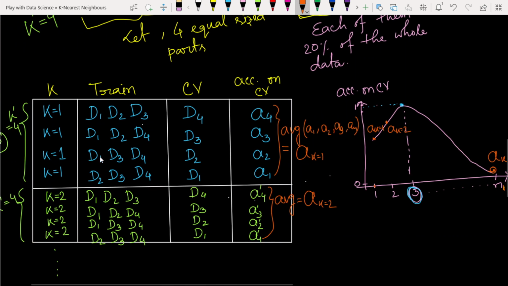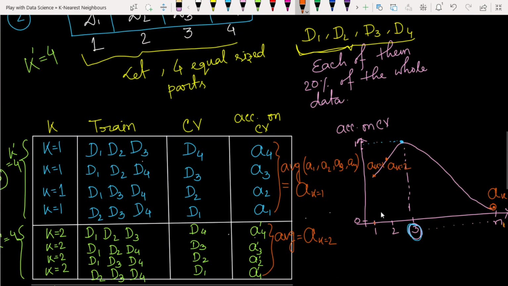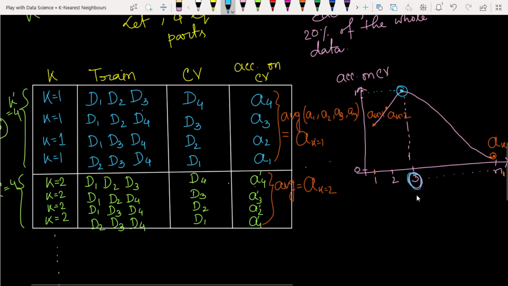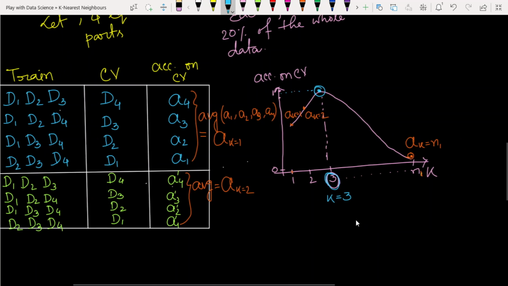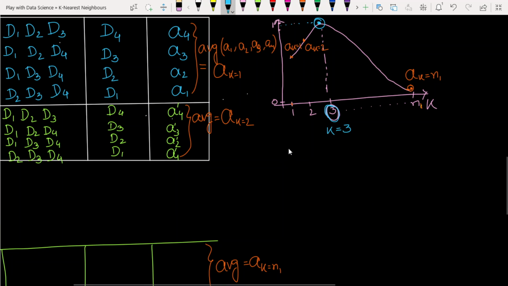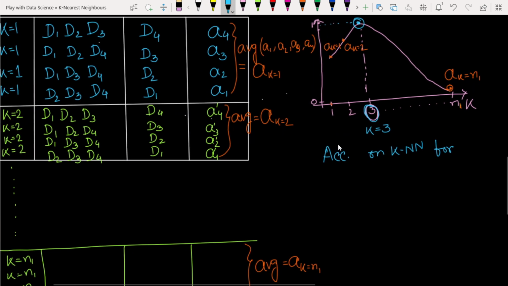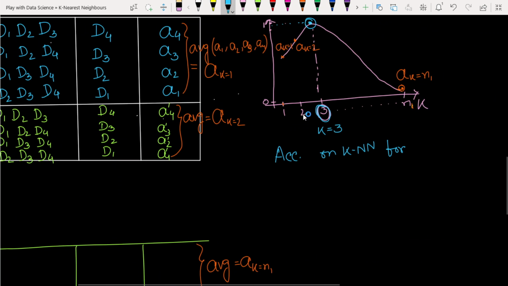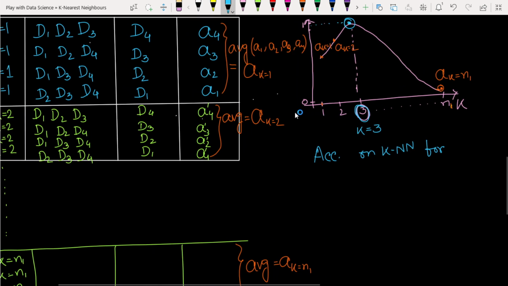Suppose among all these n1 values, we got the highest value at the point where k is equal to 3. This means we got the maximum accuracy on knn for k is equal to 3.